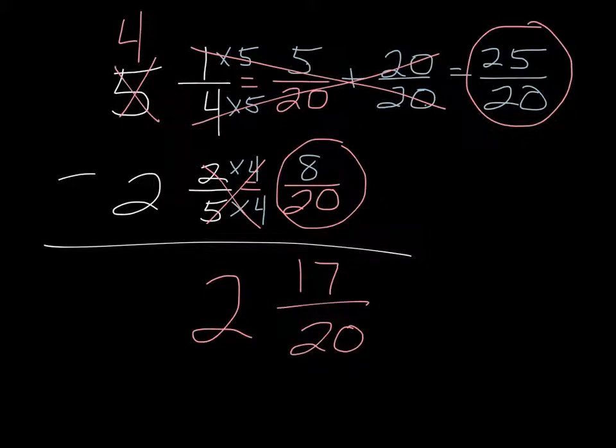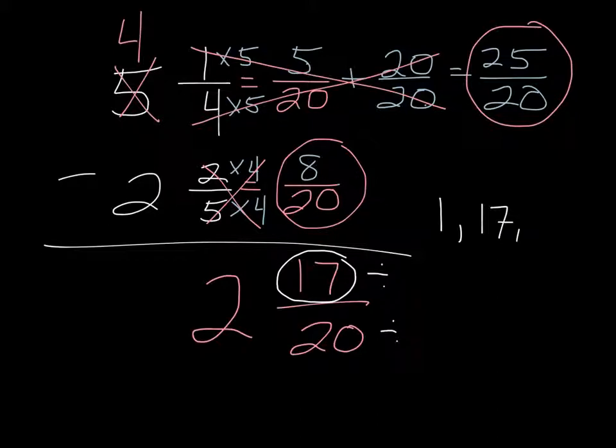The second thing you need to ask is, can I simplify it? Is there some number I could divide both 17 and 20 by? If it's not obvious what you could divide them by, take a look at your smallest number in this fraction, 17, and find the multiples of 17. You could multiply 1 times 17 to get 17, and are there any other numbers you could multiply to get 17?